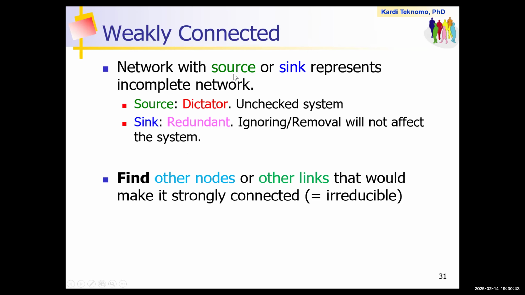If you have a source node, that means dictatorship. If you have a source component, a group dictator. If you have a sink node or sink component, they are redundant. So if you have dictatorship, you have an unchecked system. If you have a sink node, these are redundant. That means if you remove this sink node or sink component, it will not affect the system at all.